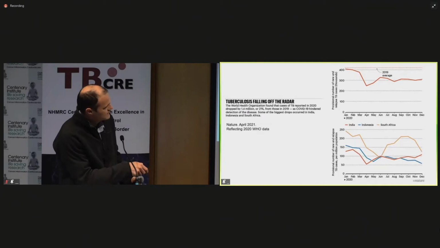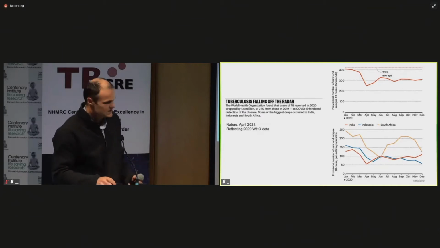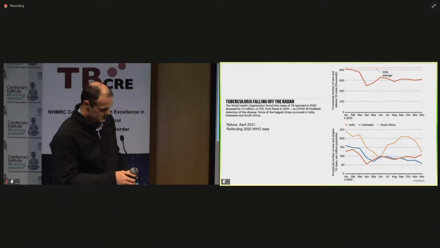Indonesia also had quite a significant drop, and this seems to be sustained. And this is real, and programs will have to deal with this. And I think the current interpretation is that it truly is cases that have gone undetected out there in the community.